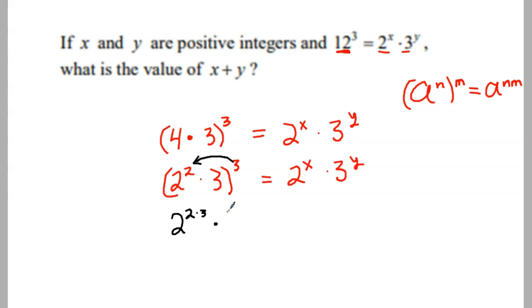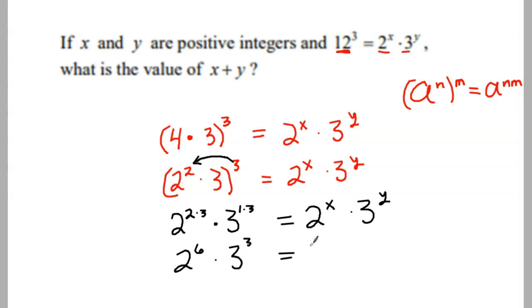Bring your multiplication, and there is a 1 over there, which you don't normally see. That will be 2 to the power 6 times 3 to the power 3 equals 2 to the power x times 3 to the power y.